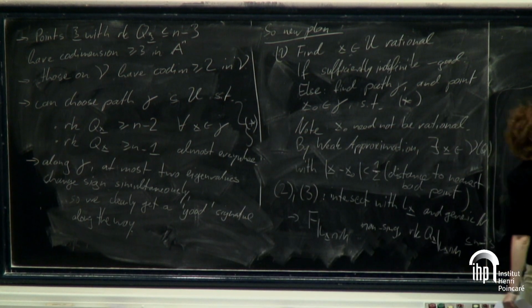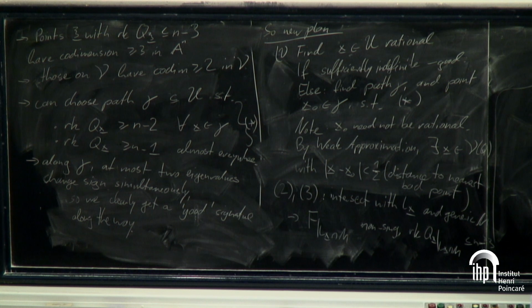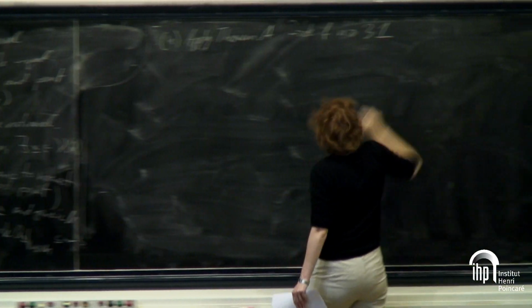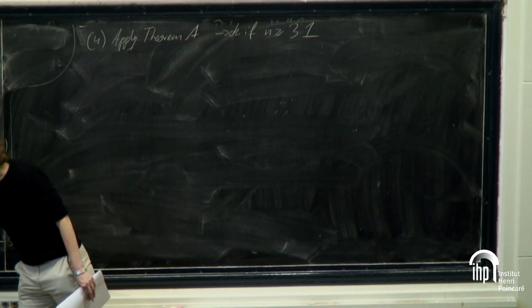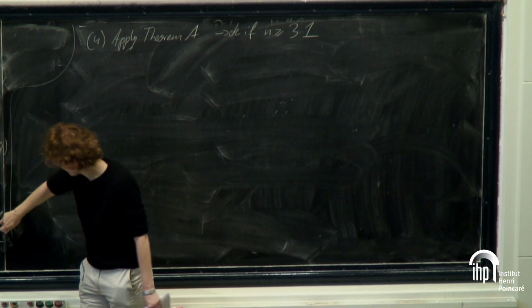And then number 4 is apply theorem A, which we now can do, provided that n is at least 31. Because then we've got 29 variables non-singular here and at least rank 28.